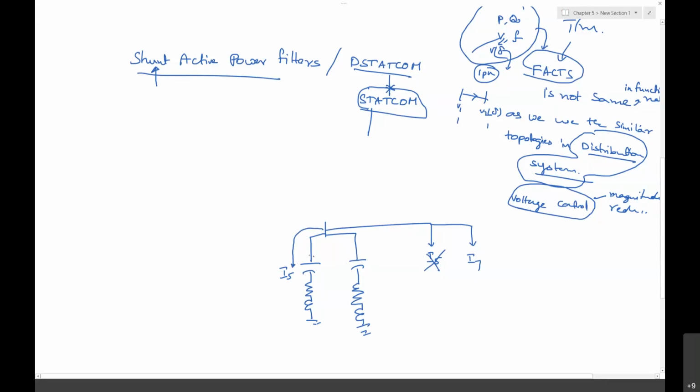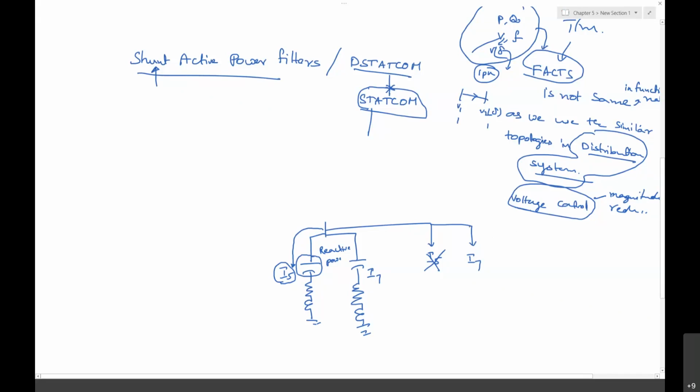But this capacitor alone can still be used for reactive power support. It may not be used as a passive filter, but it can be used as a seventh harmonic filter.